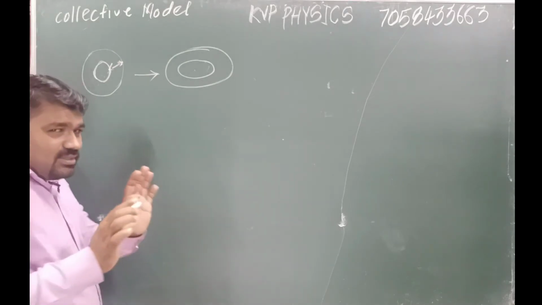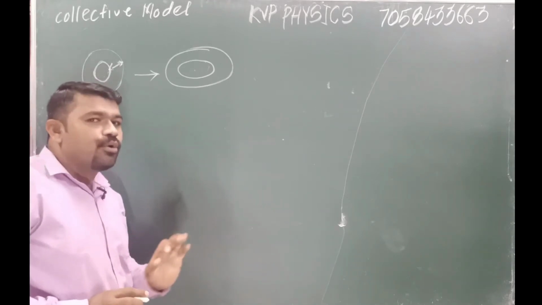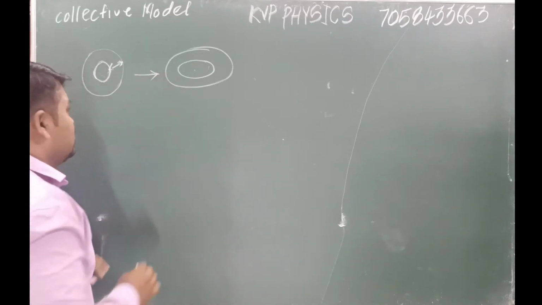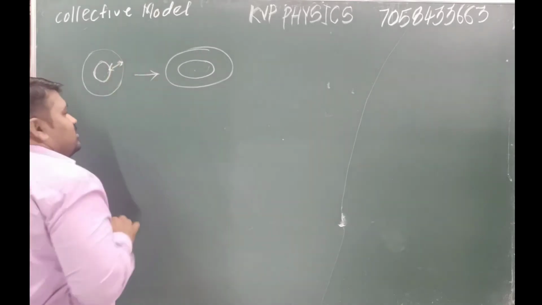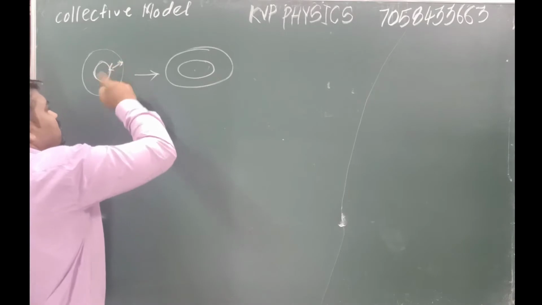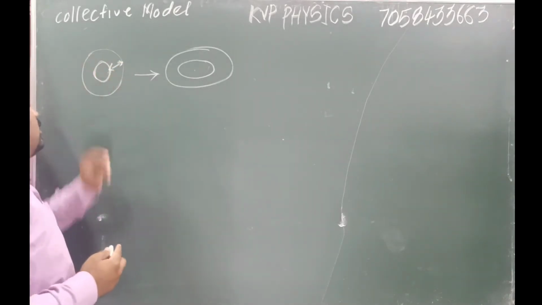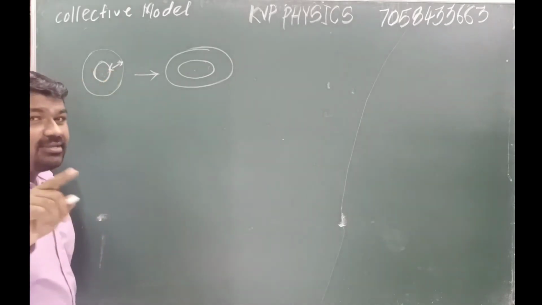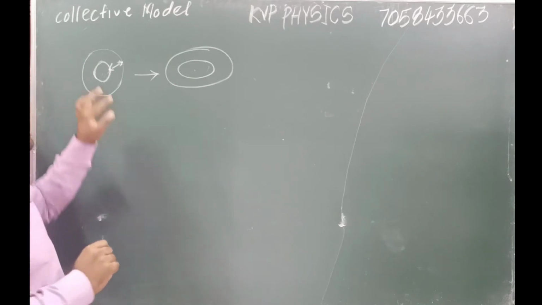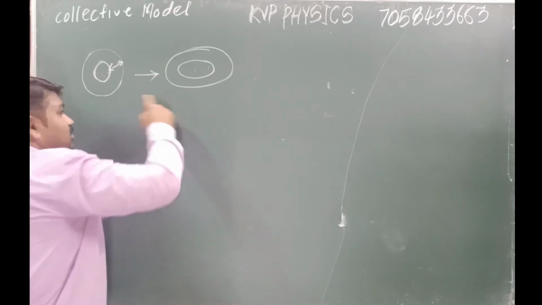But actually this does not happen, which is why we don't get the exact results for the electric quadrupole moment and magnetic moment. Rainwater overcame this. How? The loosely bonded nucleons create polarization in the stable magic number core, and because of this the coupling becomes very strong.